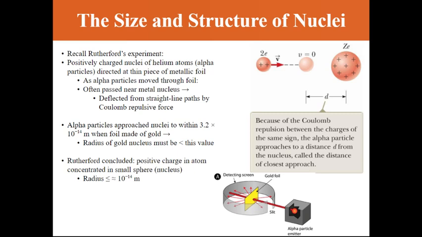Using conservation of energy, they were able to figure out that just before the alpha particles get deflected, they approach pretty close to the gold nuclei, and then they get deflected out. So they were able to determine that the size of the gold nucleus must be smaller than the distance of closest approach between the alpha particles and the gold nucleus.